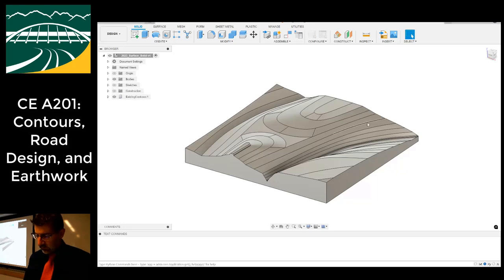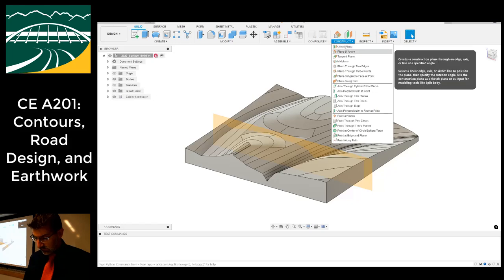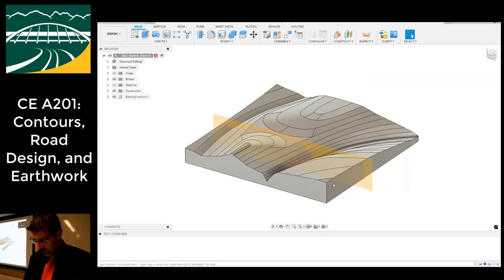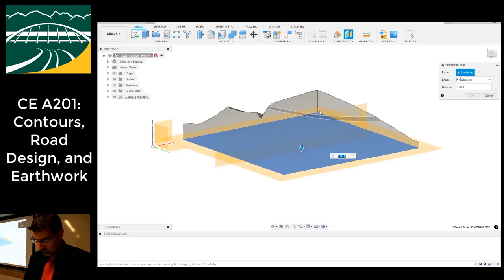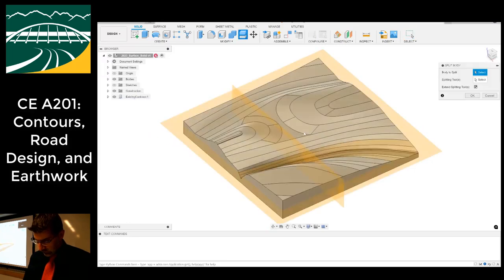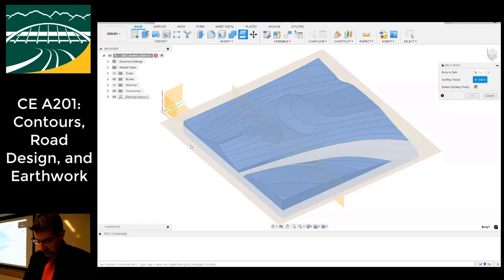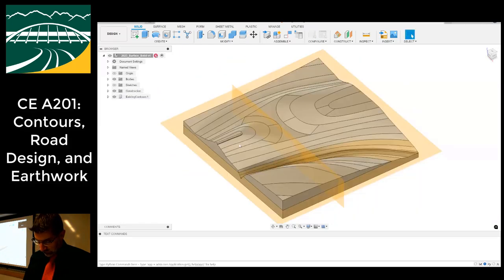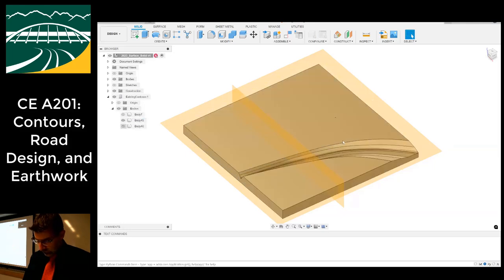And so if I wanted a contour map, one of the things that I could do is cut it, something like that. And if I split it along that plane that I just created, and then hide one of them, two of them, right?